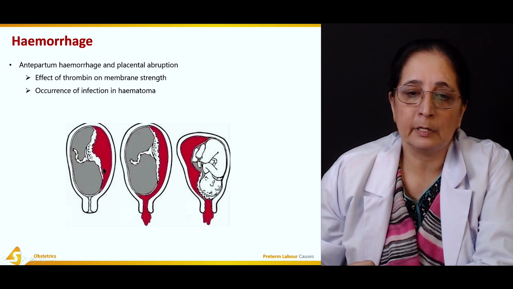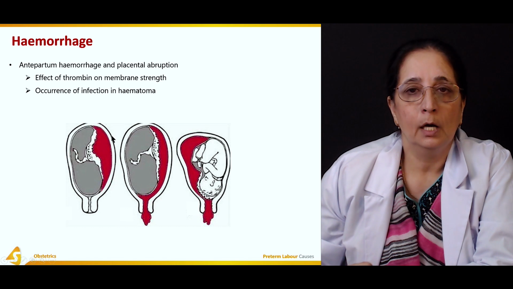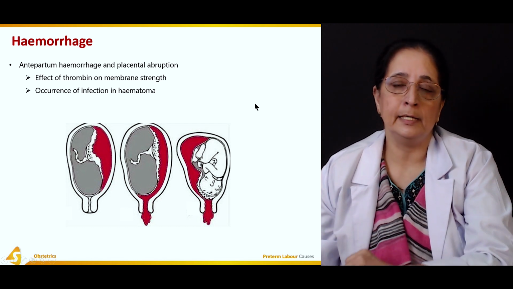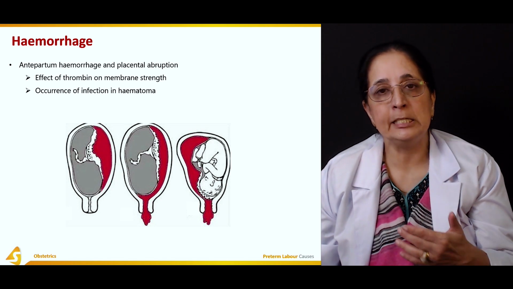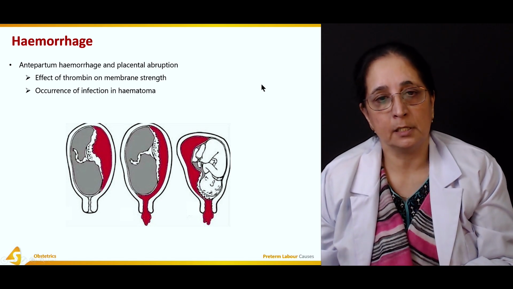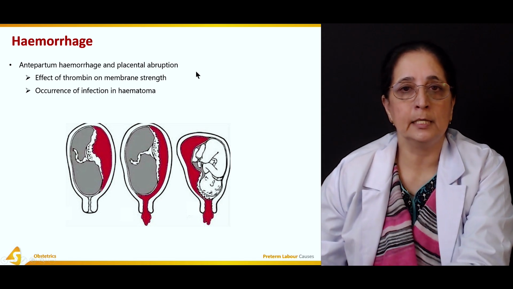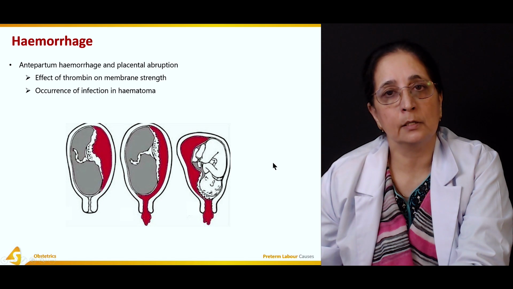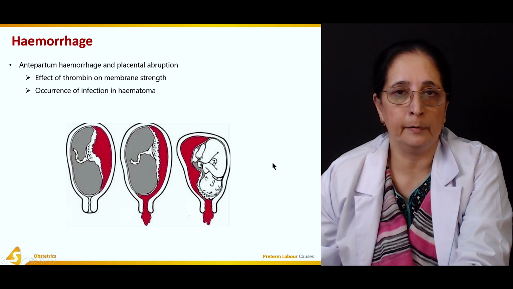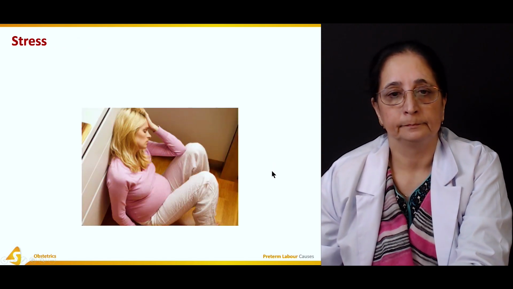If there is a hematoma, it can lead to infection also, and these infections, as we mentioned in detail before, can lead to the onset of preterm labor. So hemorrhage is another factor that can contribute to the early onset of the labor or preterm labor.